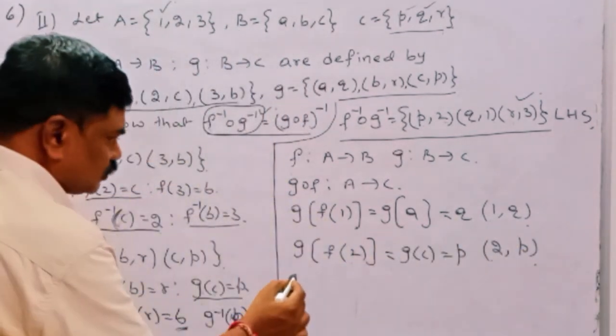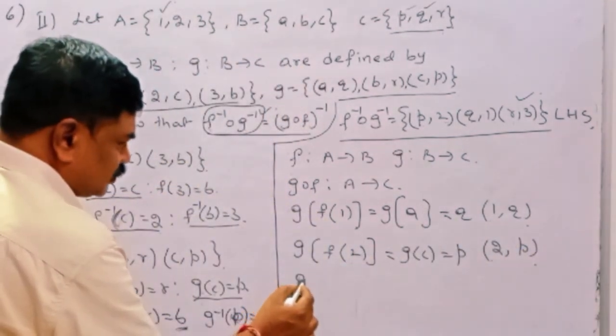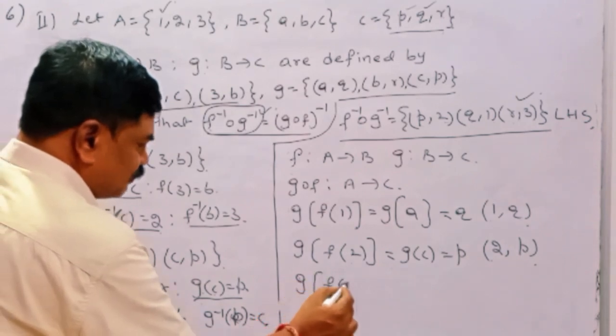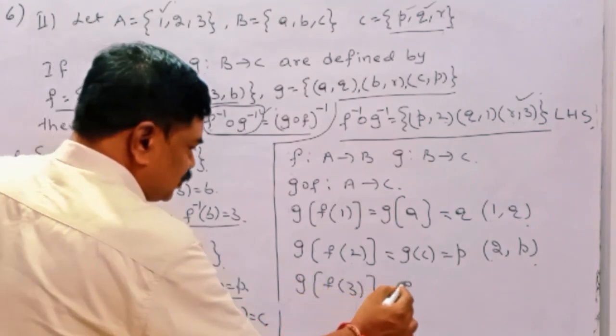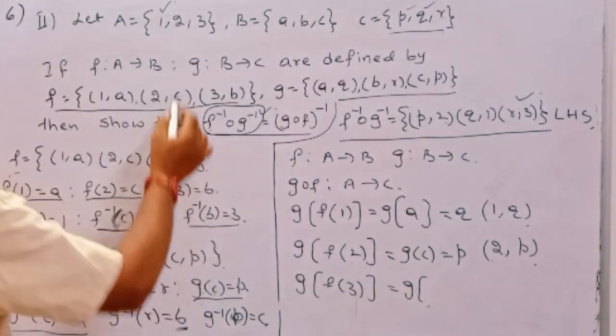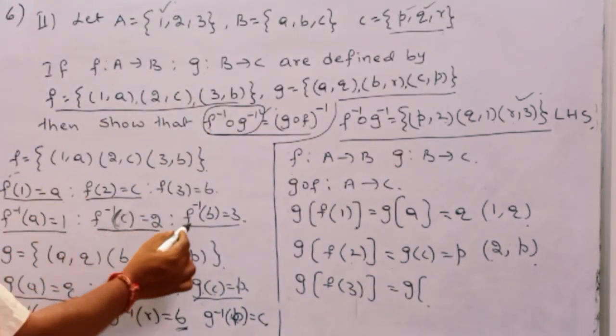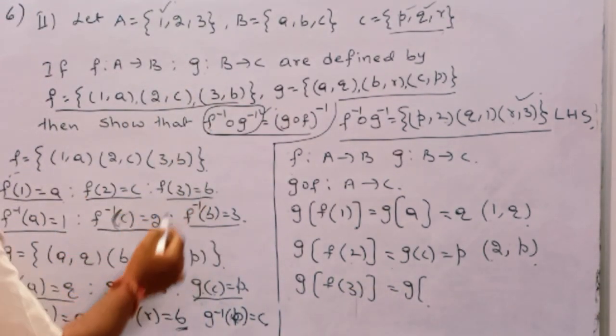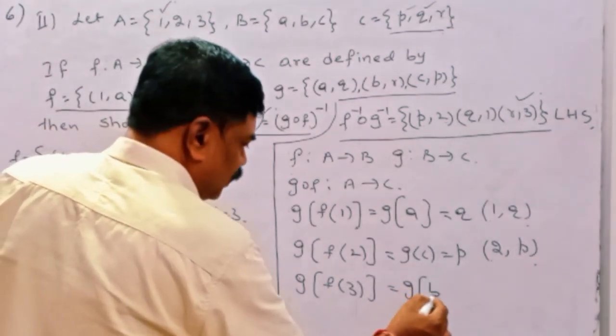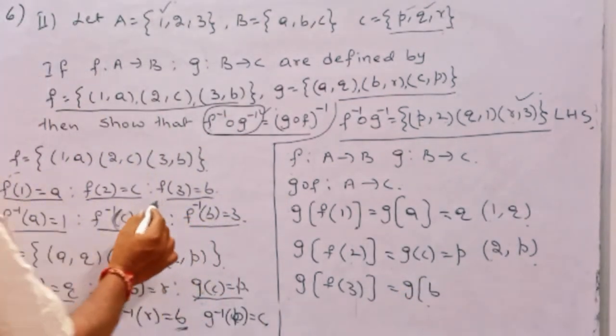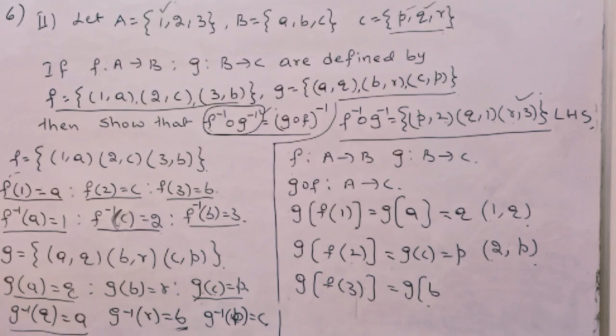Again, G of F of 3 is equal to G of, what is F of 3? F of 3 is B. So what is G of B?